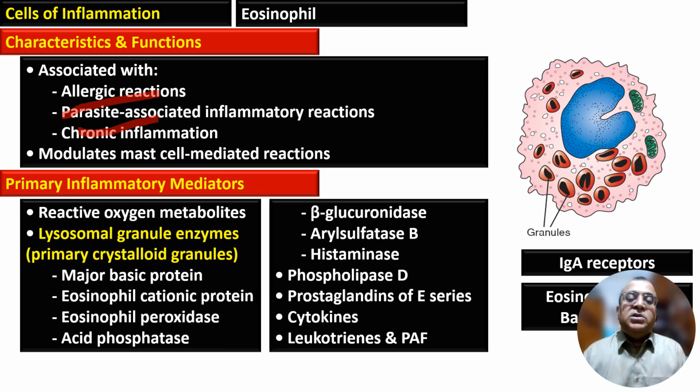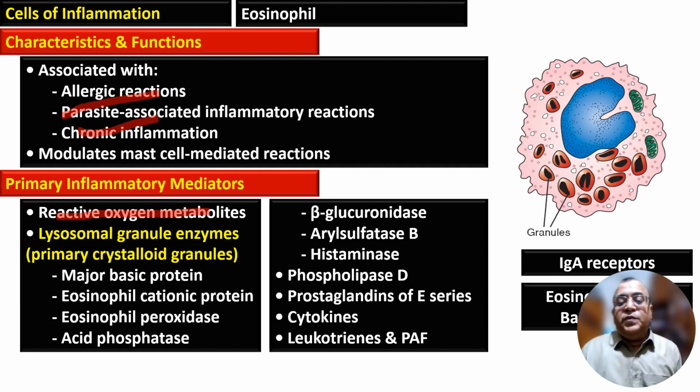So it has some reactive oxygen metabolites, and also lysosomal granule enzymes, and they contain primary crystalline granules of major basic protein, eosinophil cationic protein, eosinophil peroxidase, acid phosphatase, beta glucuronidase, aryl sulfatase B, and histaminase.